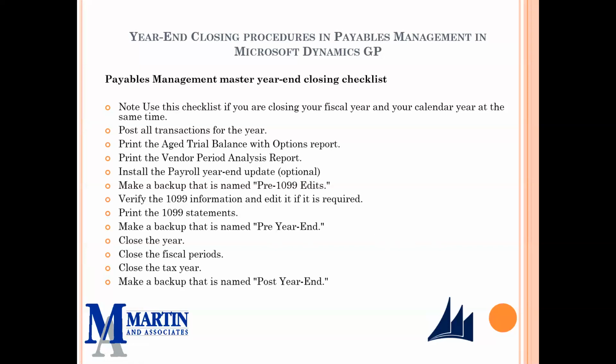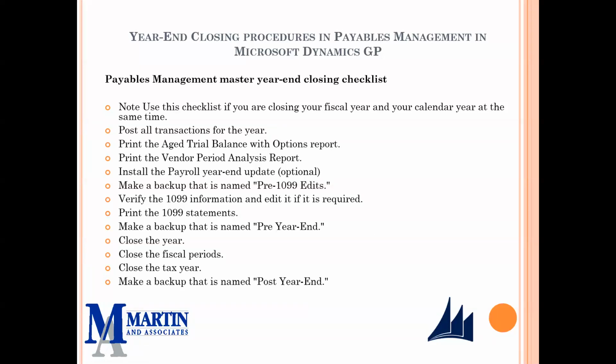So definitely make sure your vendors are marked appropriately as 1099 eligible, and that's on the vendor card. I'll show that in just a sec. And also, if you need to edit any information for a 1099 vendor, that's possible.